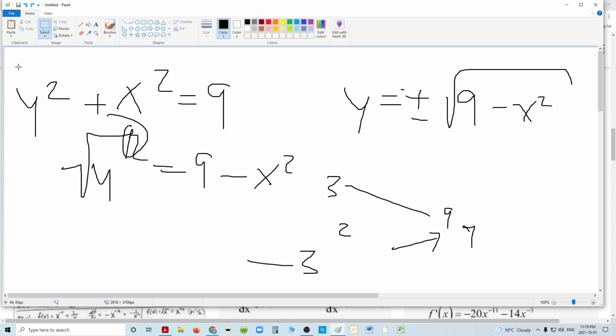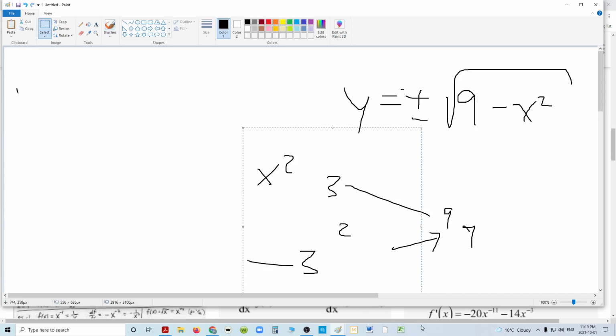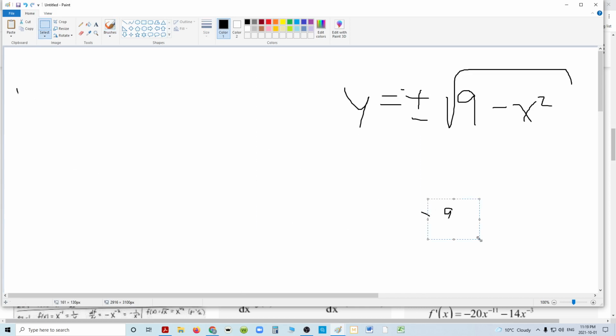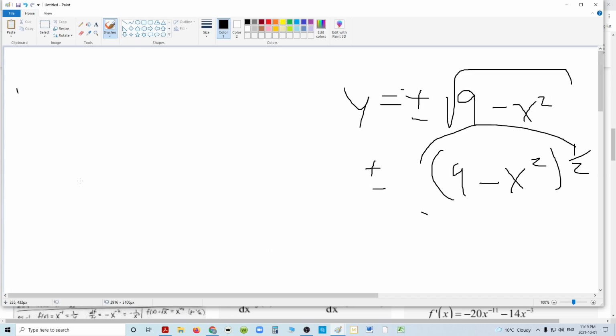So now I have y expressed like this. If I want to take the derivative of this based on changes to x, I should actually convert it to a fraction so that I can do the chain rule, and keep that plus and minus here. The chain rule says I bring the half out front, plus or minus.